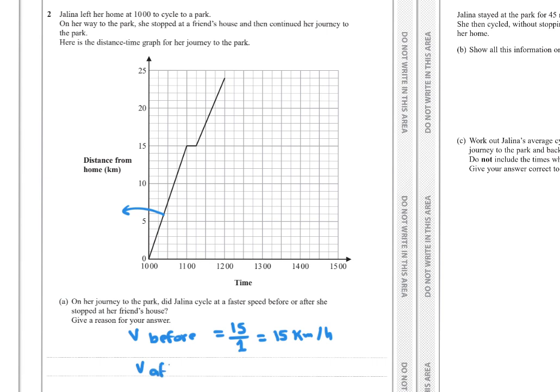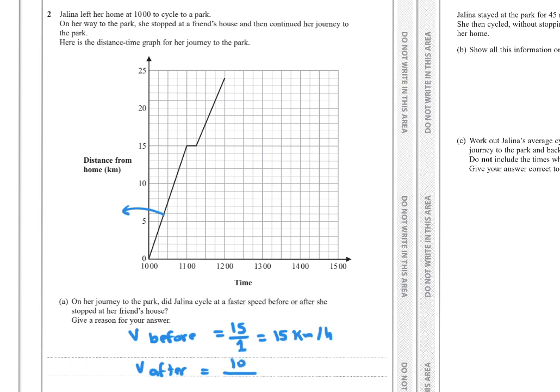Velocity after, in the same way, rise over run. Rise from 15 to 25, so 10, over run. 4 squares represent 1 hour. So if you have 3 squares, this means 3 over 4 hours. So divide now.